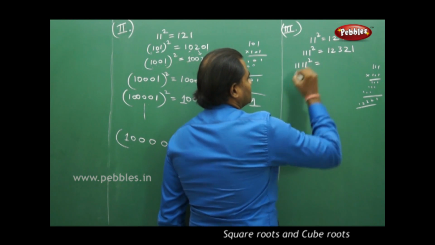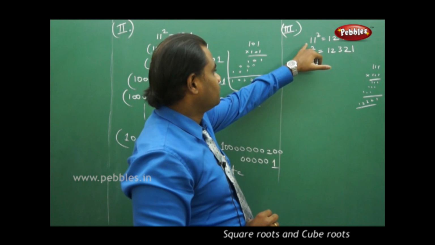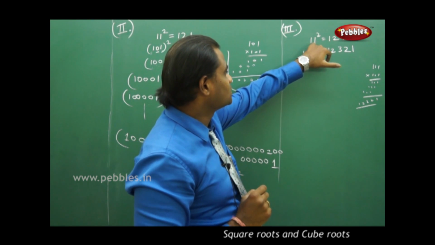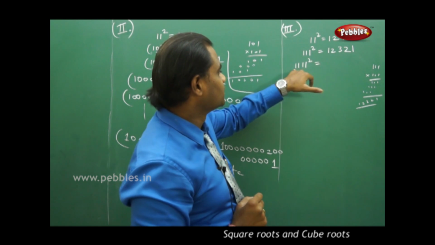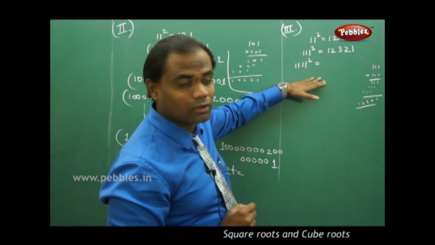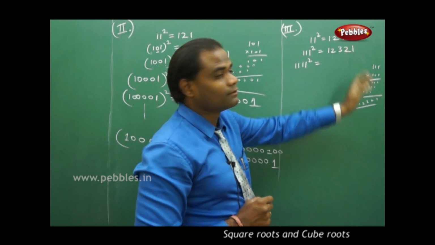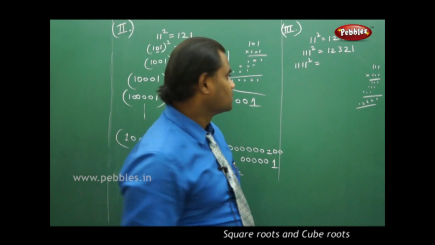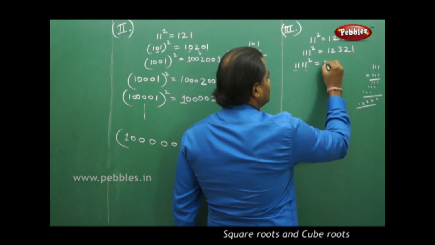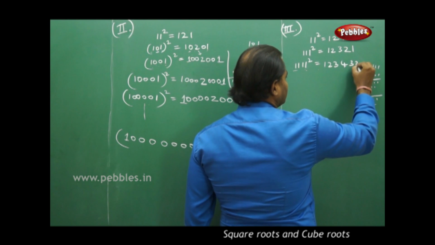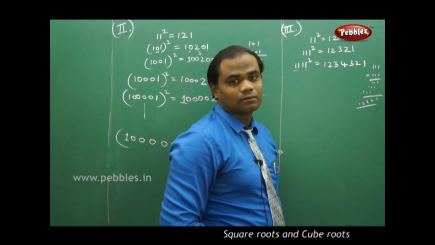If I square numbers with 2 ones, 3 ones, 4 ones, then for 3 ones I got 1, 2, 3, then 2, 1, going in the reverse way, increasing and then decreasing. If I have 4 ones, I have the number starting with 1, increasing till 4 and then decreasing till 1.